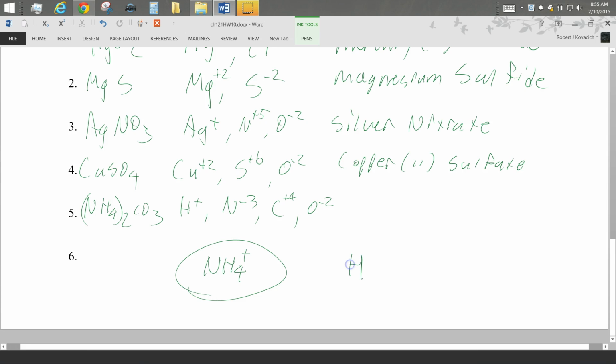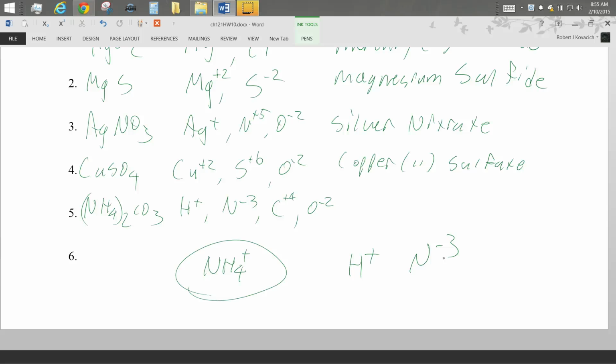I know the hydrogens are a plus charge because they're with a nonmetal, and there are 4 of them, so it's 4 pluses, and then I need to cancel out 3 of them, so then the nitrogen is a -3. Just because it goes into a compound doesn't mean that those charges are going to be different, so they stay the same because it is a little thing. And so the charge on the nitrogen will be a -3 no matter what, and the charge on the hydrogen will be a +1 no matter what, if it's in a compound or not in a compound.